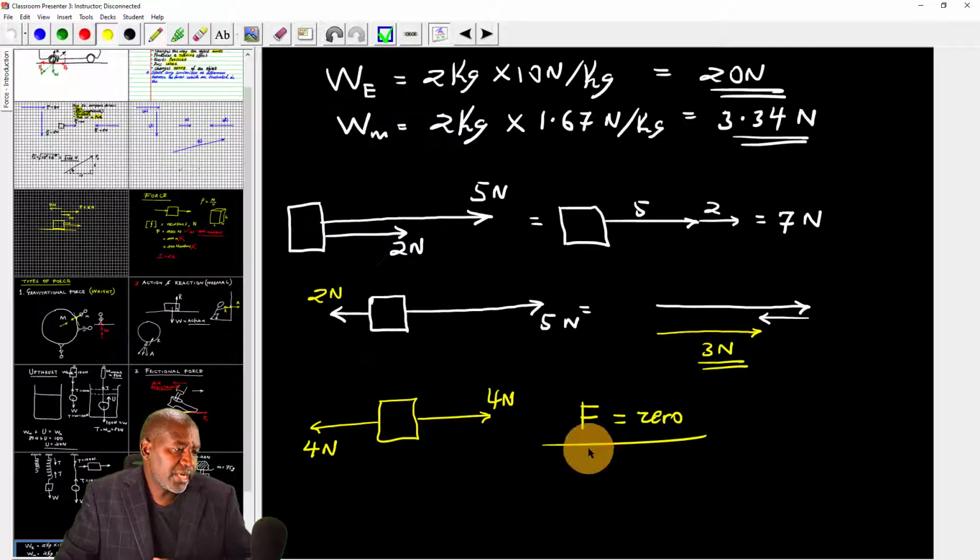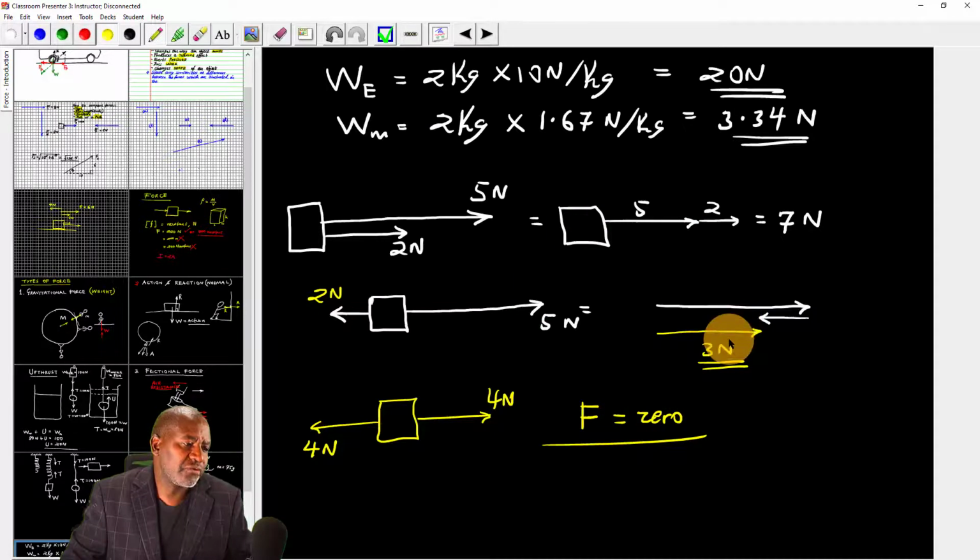So this is what I want you to do with this kind of information in this last section. Go to the exercise at the end of the chapter, exercise 3.3 in your course book, and then do the problems which are there that pertain to addition of forces or to calculating a resultant force on an object.